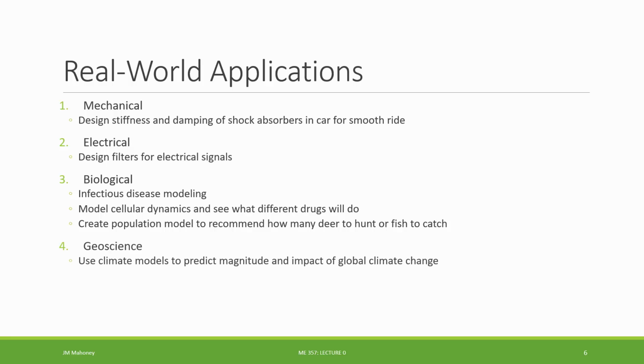In the geoscience realm, we can use system dynamics in part to make climate models, and we're going to be able to use those to help predict the magnitude, the severity, and the impact of global climate change and see different mitigation efforts that could be enacted and what effect we predict they're going to have on the global climate.